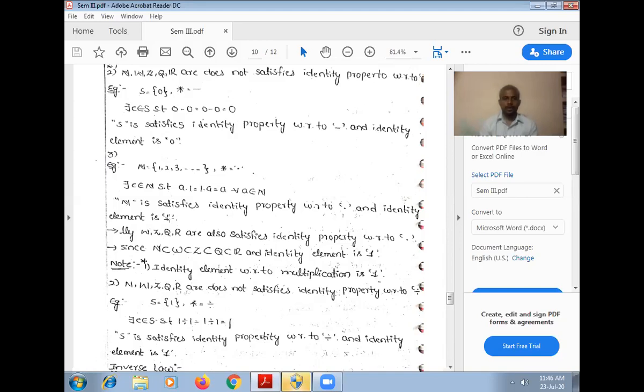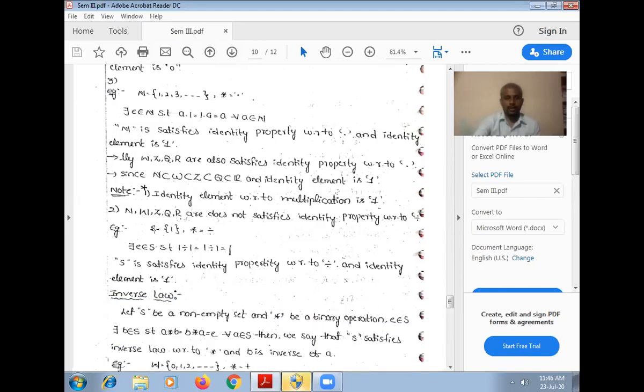After multiplication, another binary operation we have here is divide, where star equals divide, but N, W, Z, Q, R also do not satisfy the identity property with respect to divide.